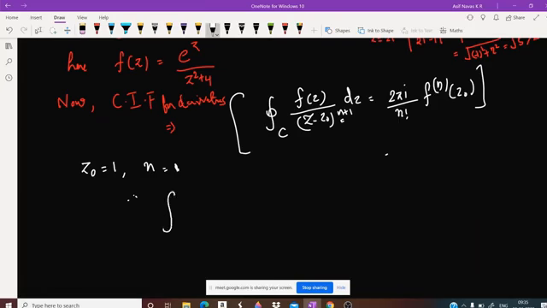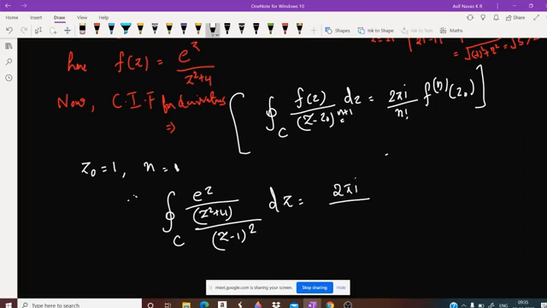Therefore you can write the integral over C of e raised to z divided by z square plus 4, divided by z minus 1 all square, dz, is equal to 2 pi i divided by 1 factorial into f dash of z naught, which is 1.